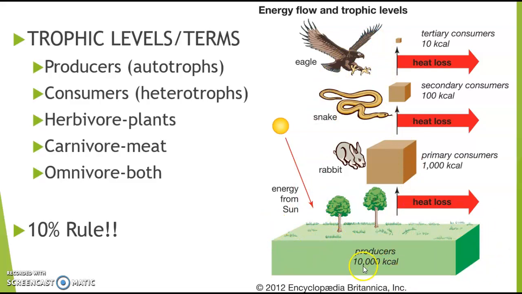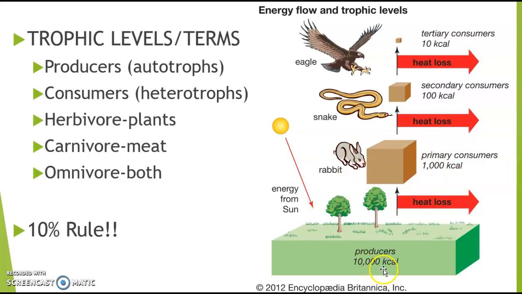Let's say they hold 10,000 kilocalories of energy. So that number is referring to the amount of energy. As you move up, the first or primary consumer is a rabbit in this example. A rabbit eats the grass. That rabbit only gains 1,000 calories from the initial number in the producers.